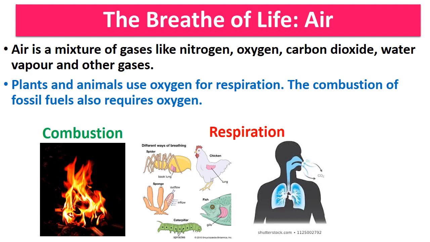Plants and animals use oxygen for respiration. This is the first point. Second point is the combustion of fossil fuels. They also require oxygen. So in these two processes, oxygen is being used. That is combustion and respiration.